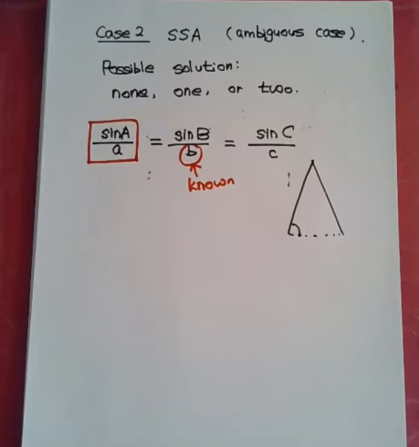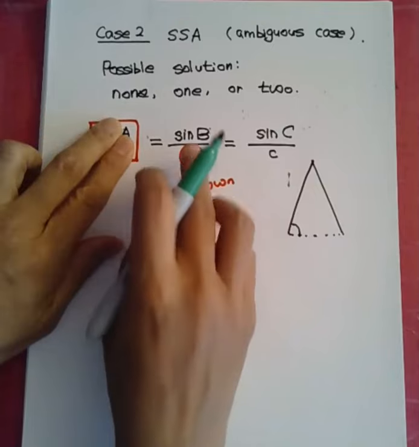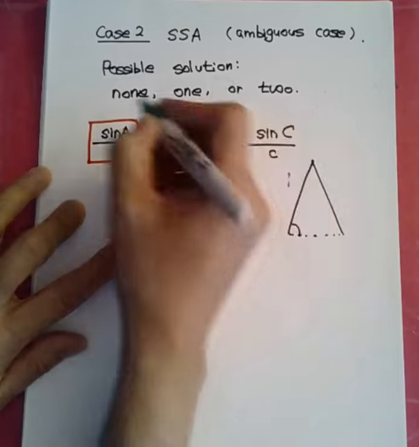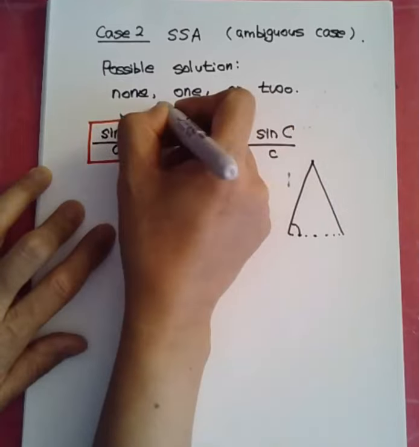In this case, the way we solve the problem is this is a number, this is a number, so we have to find the angle B. This is the first step.